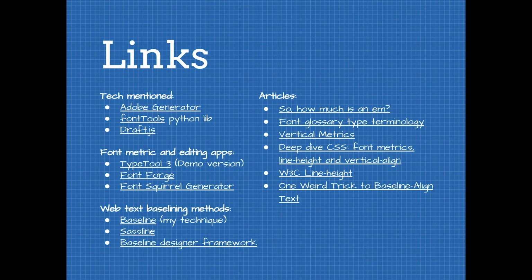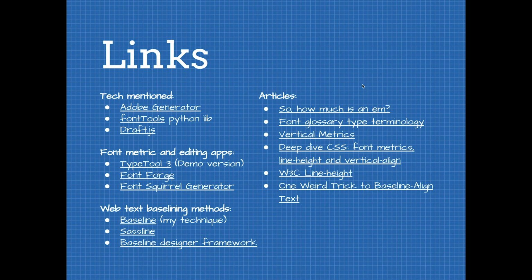And some web text baselining methods. You have my method, which I really like because you don't need to have any font metrics to make leading work. You just need a utility font and some CSS. But these other ones, Sassline is cool, and there's other ones out there that you can take a peek at.